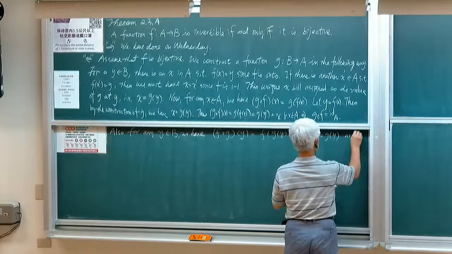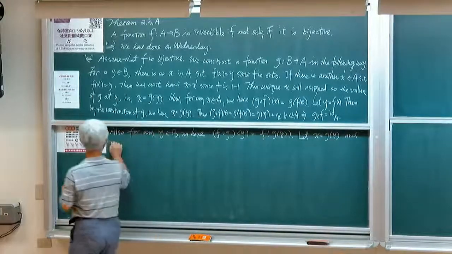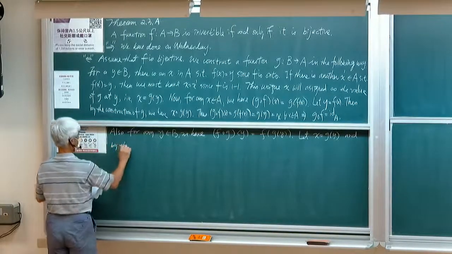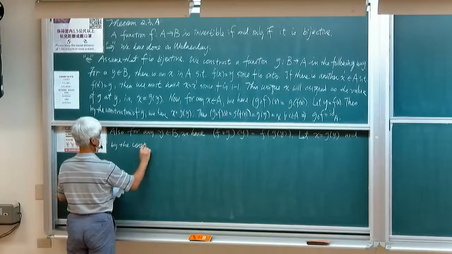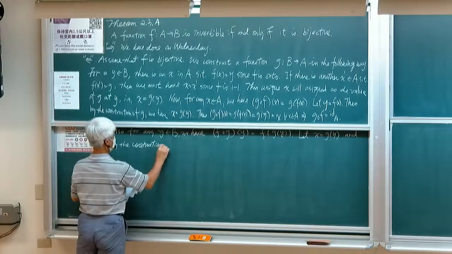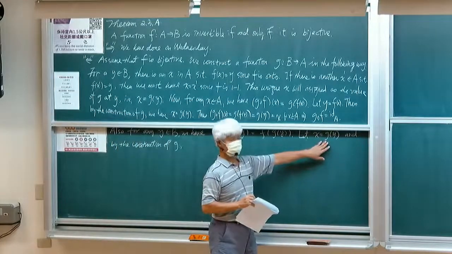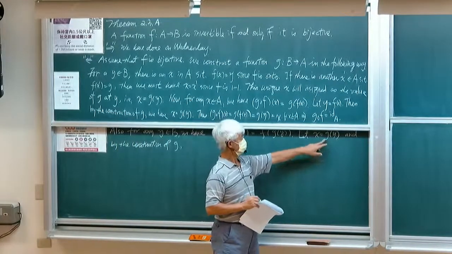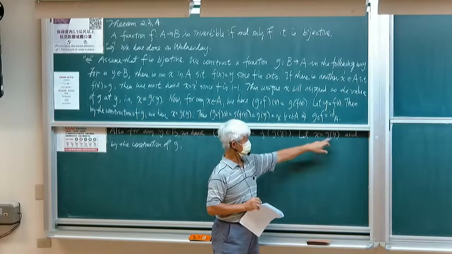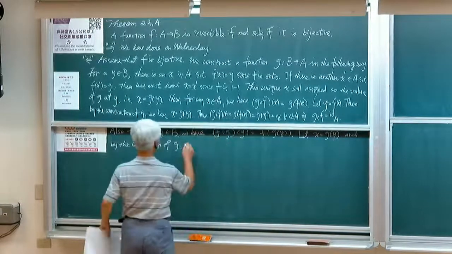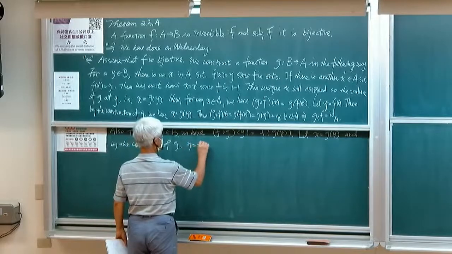And again, by the construction of g, when x is g of y, x can be assigned to y because y is equal to f of x.